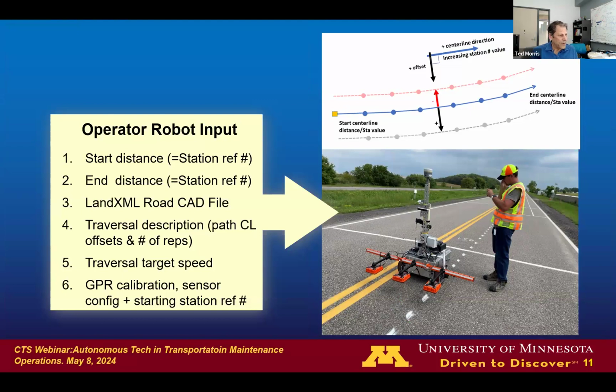And then you enter the number of traversals going back and forth, how far those offsets are from a known reference center line, for example, or shoulder, the number of times you go back and forth, and how fast you want to move the robot, typically walking speed. You must also do a calibration procedure of the GPR itself, and configure the starting and ending station reference numbers, using that diagram up above there for deciding offset convention.